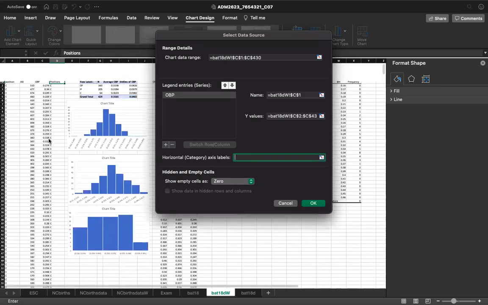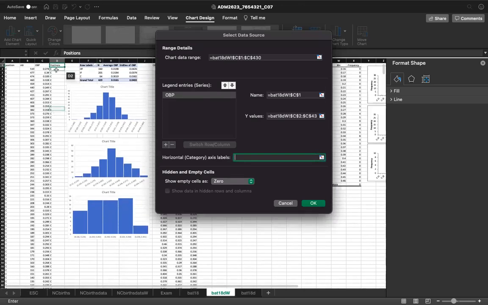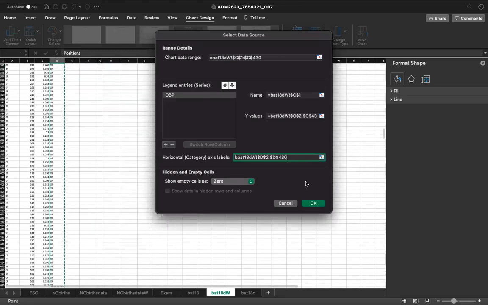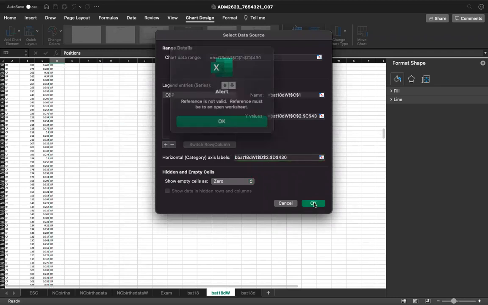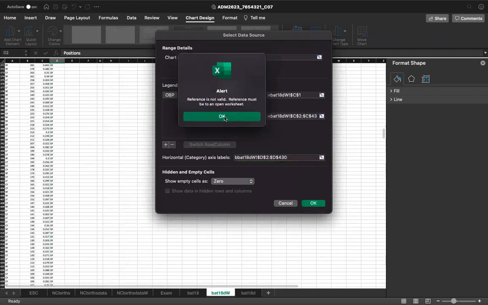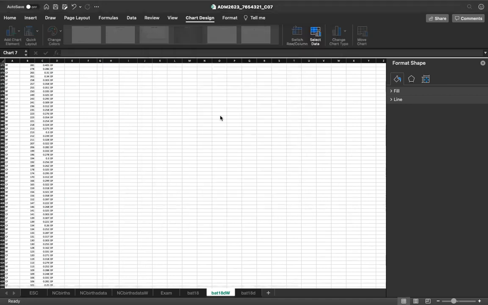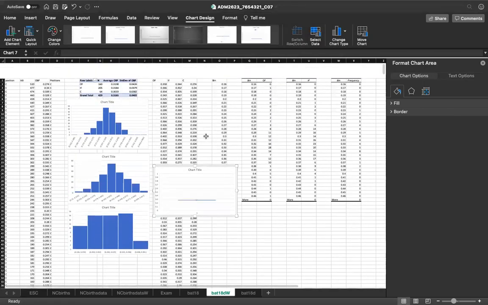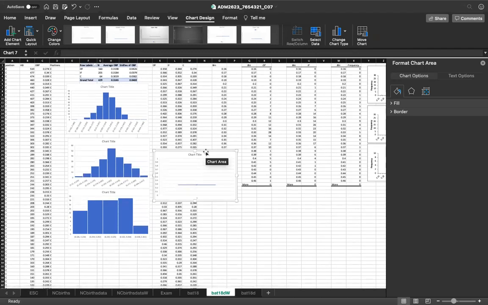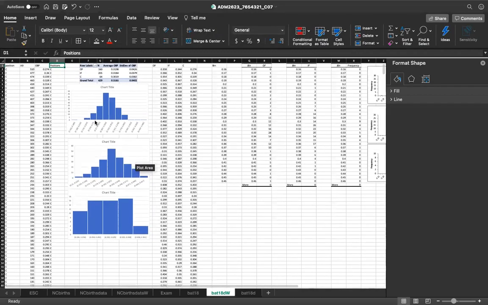And the horizontal labels are here. So let me select it one more time.